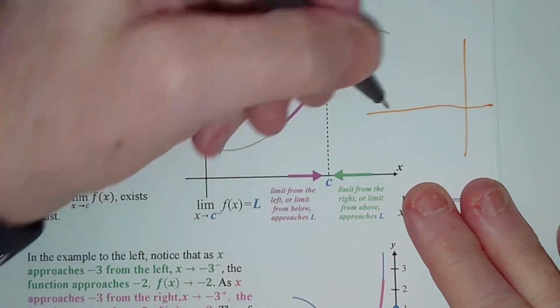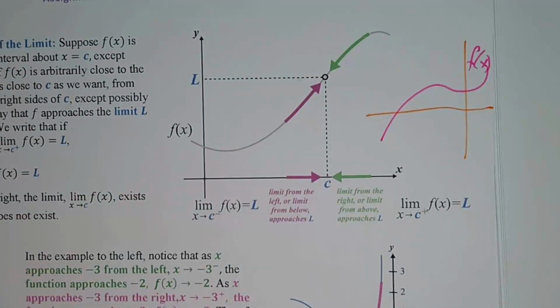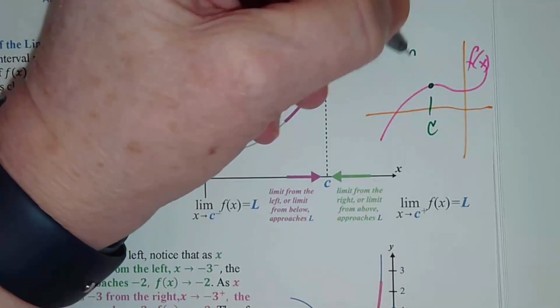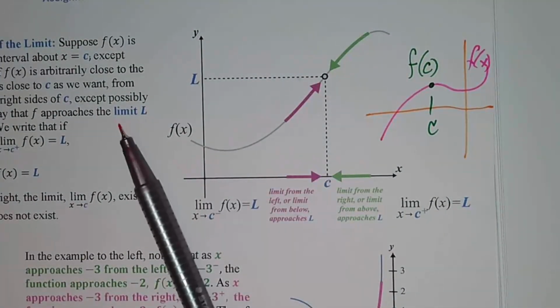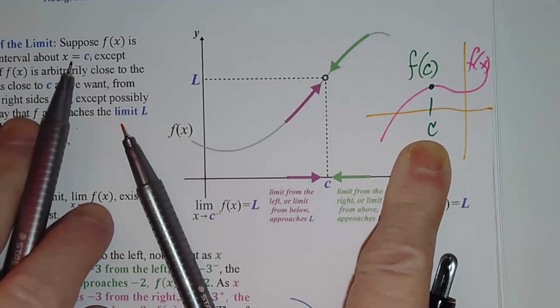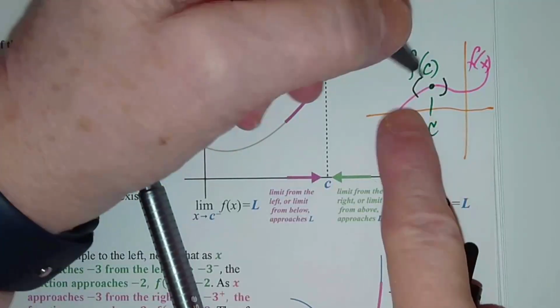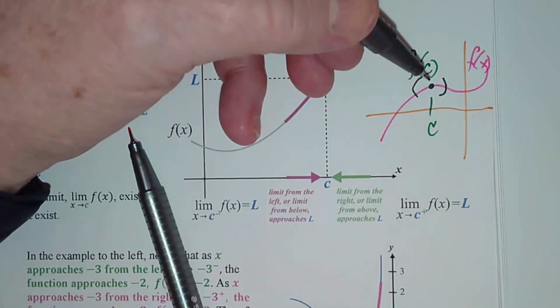If we have this function, so if this is f of x, and here's c, so that this is f of c, we would say that a neighborhood, an open interval around x equals c, that's just going to be, so open, that means that rounded endpoints, we don't include the endpoints.